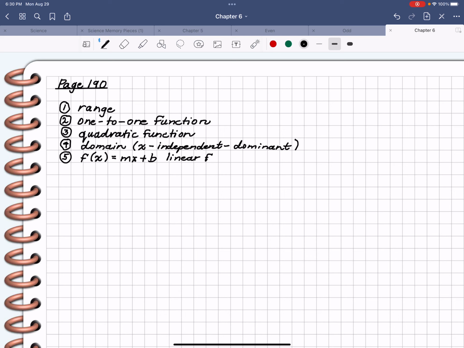Can be called a first degree function. Let me go ahead and give you the quadratic form in case you don't have the textbook. Number 3 was quadratic. That is f of x equals ax squared plus bx plus c, and a cannot be 0.